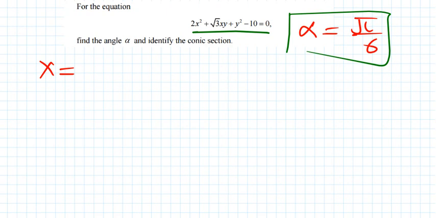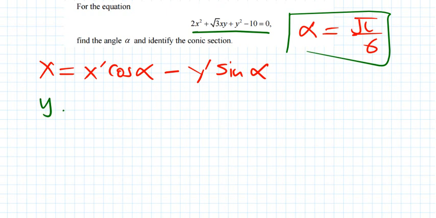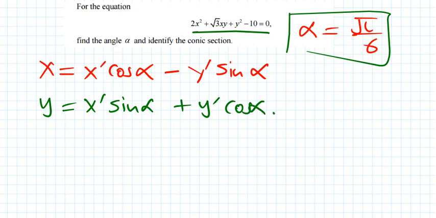So we said the formula is x = x′ cos α − y′ sin α, right? And for y, we said y = x′ sin α, the sign was opposite, plus y′ cos α. So what do you want to do now? Just substitute.